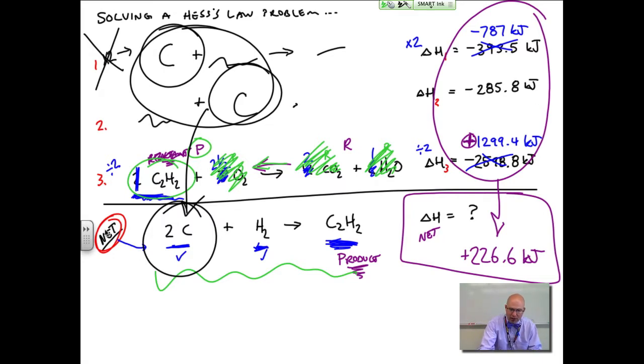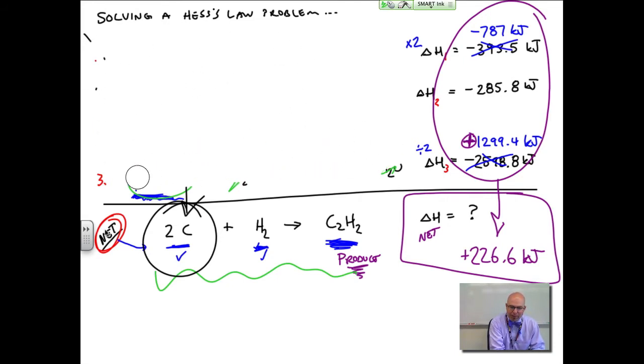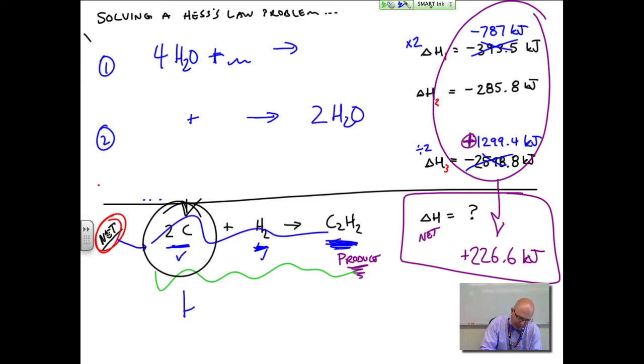You may see, and again, I kind of am making a mess here, but let's say on your first equation, you have 4H2O plus something else, and it yields something. And then on your second equation, you have a reactant, and you produce 2H2O. And on your net equation down here, you have 2H2O on the reactant.